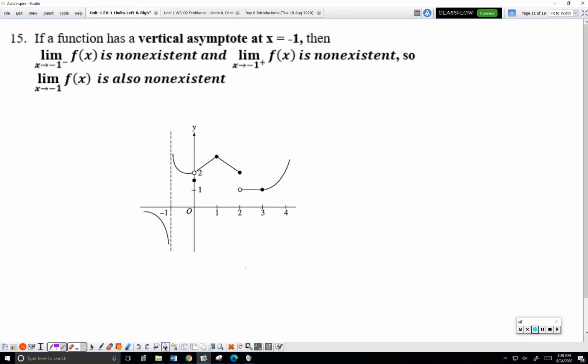I'm growing negatively forever. So the limit is non-existent. This left-hand limit is non-existent in a negative direction, this right-hand limit is non-existent in a positive direction. Therefore, the overall limit is also non-existent. These limits that grow to infinity are what cause a vertical asymptote, the third type of discontinuity.